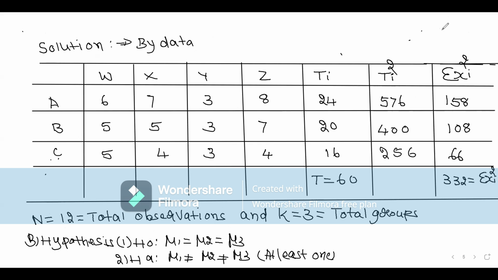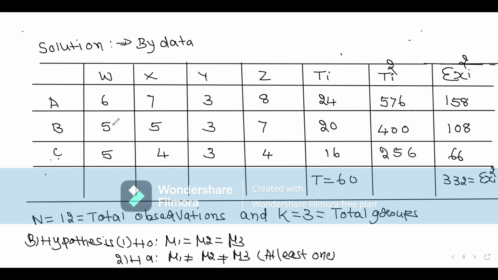Now, the Ti calculation you have to do. Means 6 plus 7 plus 3 plus 8. This is 24. And 24 square is 576. Next, 6 square plus 7 square plus 3 square plus 8 square, and that is 158. Next, 5 plus 5 plus 3 plus 7. This is 20. 20 square is 400.